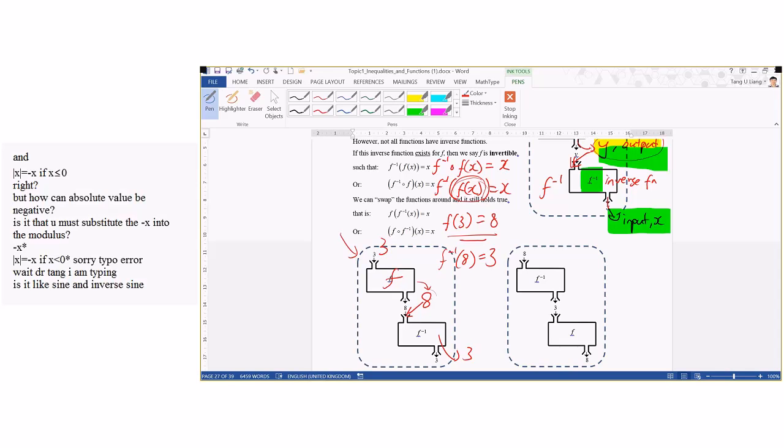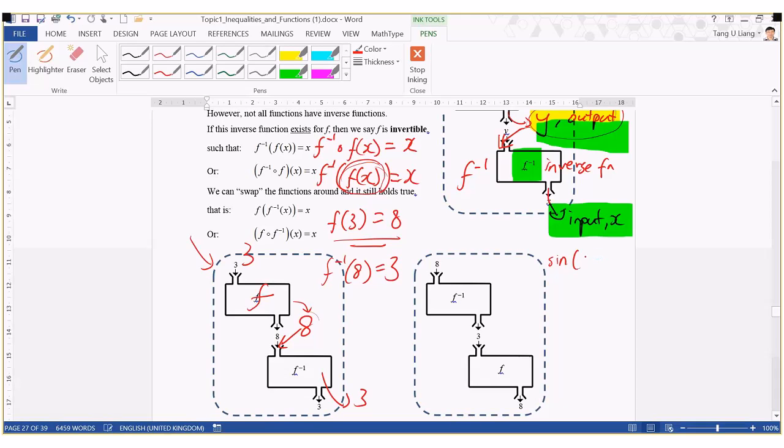Let's say you have sine of pi over 3, that's 60 degrees, so that's root 3 over 2. So what does inverse sine of root 3 over 2 do? It returns to you pi over 3, just as the way sine inverse works on your calculator.